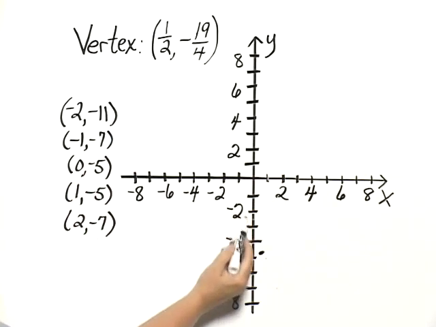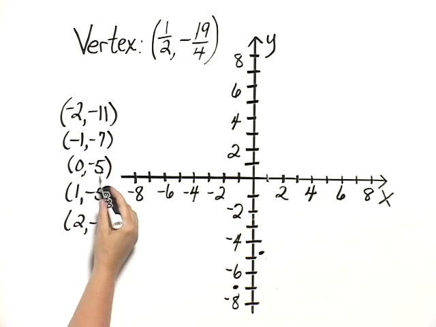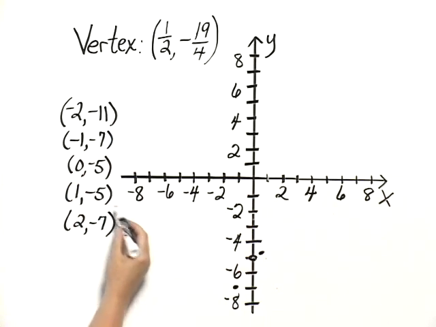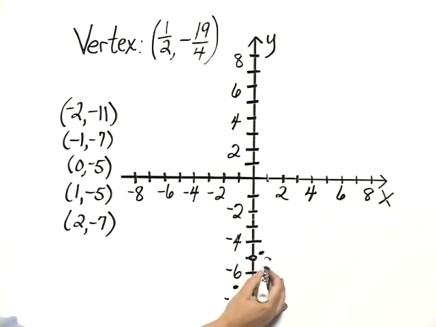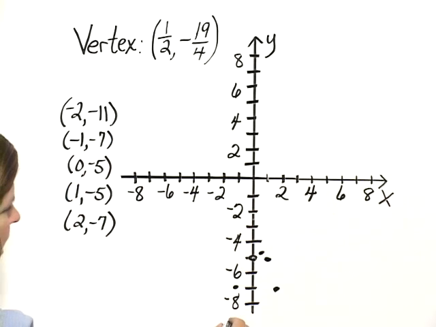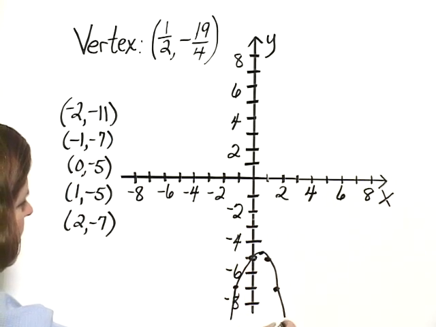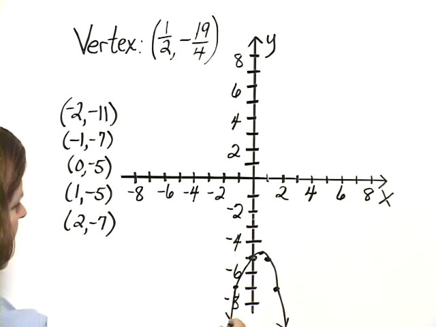Negative 1, negative 7 gives us this point. 0, negative 5 is the y-intercept. That's here. 1, negative 5, and 2, negative 7. And we can now sketch the graph of the equation.